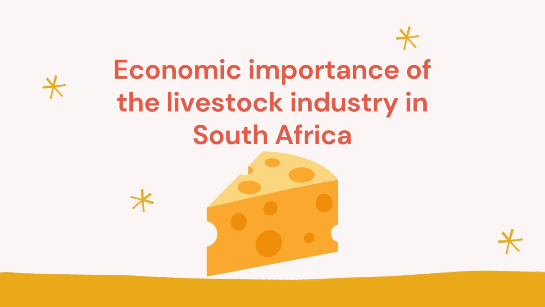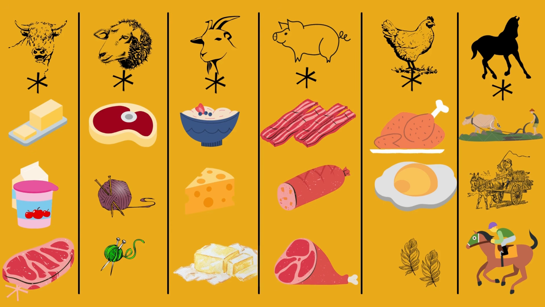Now let's come to the economic importance of livestock in South Africa. This is one of the important industries in South Africa because it provides food, and food that comes in different varieties. It also provides clothes.